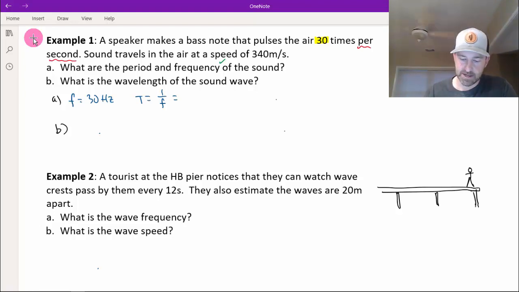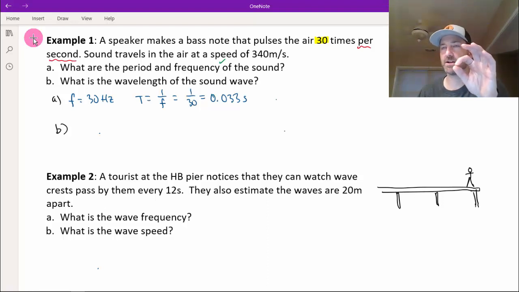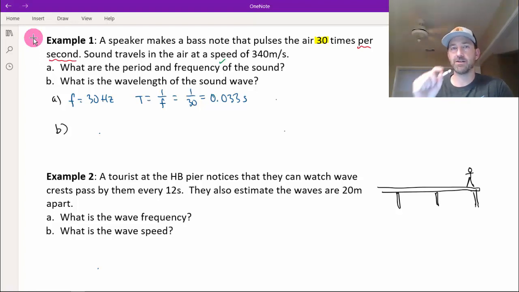So it's 1 over 30, which is 0.033 seconds. If I'm going to make 30 waves in a second, each wave is not going to take very long. 0.033 seconds is quicker than you can turn a stopwatch on and off. So it takes that long to make one wave, which means you can make 30 of them in a second.